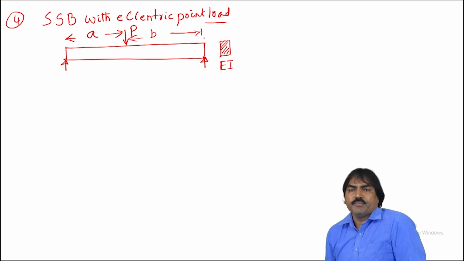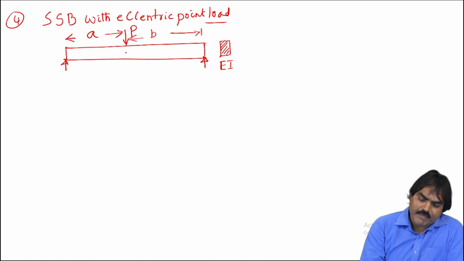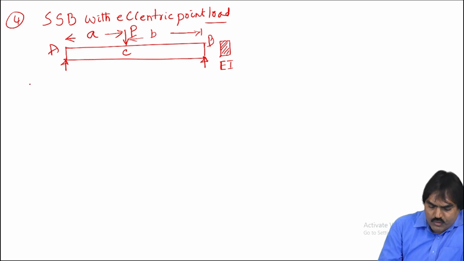Now we have to find out the total energy in the beam as well as the deflection under the load. This is A, B, C point. Okay. Question.